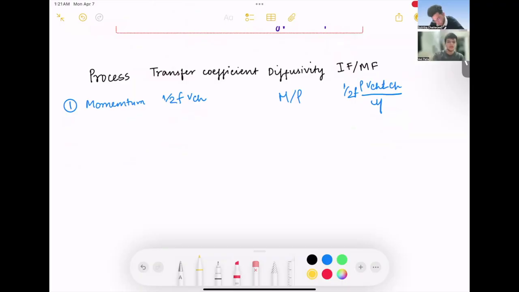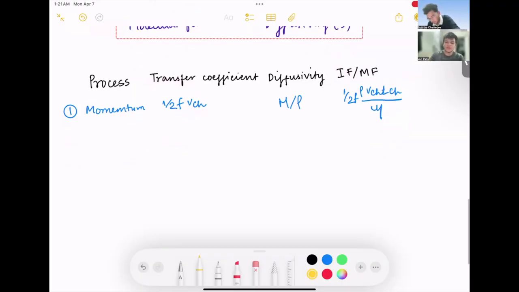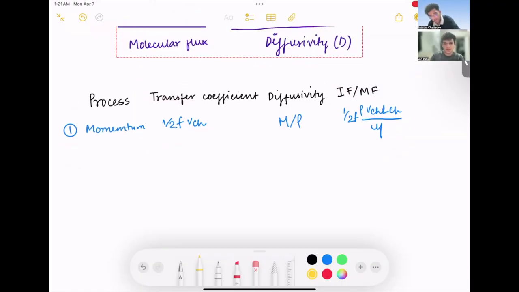We can also write this as half F into RE. RE is nothing but rho VCH into LCH divided by mu.